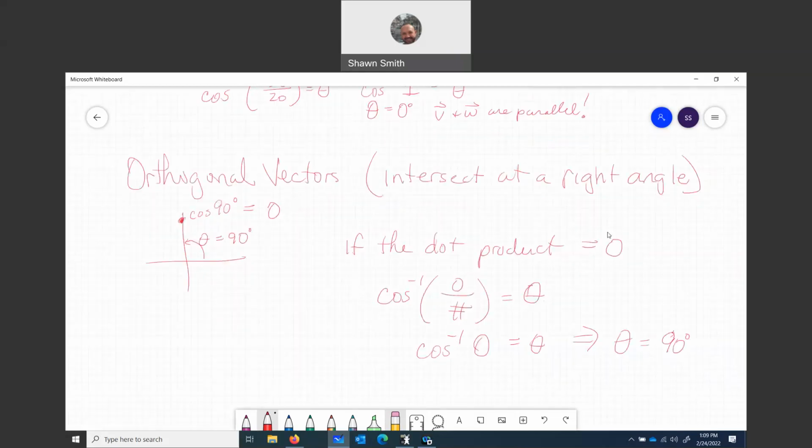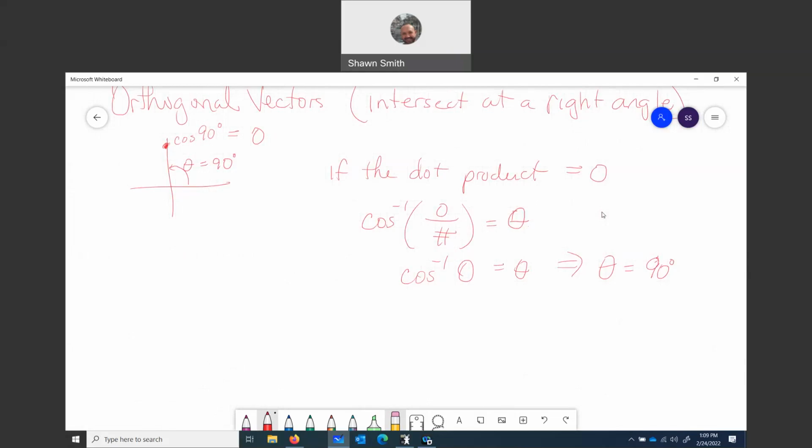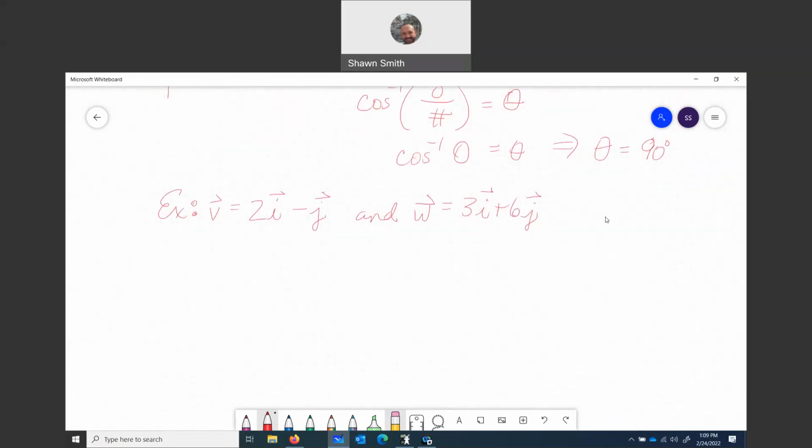All right, so let's just do an example real quick. Again, you can plot these, but graphically, you can't prove it. That's 2 times 3 plus -1 times 6.